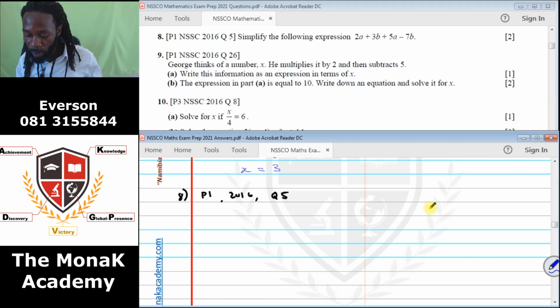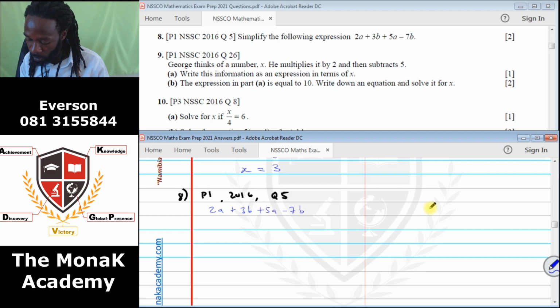Simplify the following expression. So you have 2a plus 3b plus 5a minus 7b.